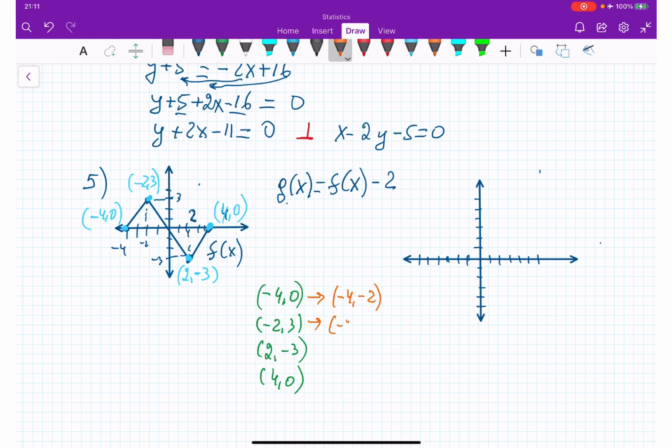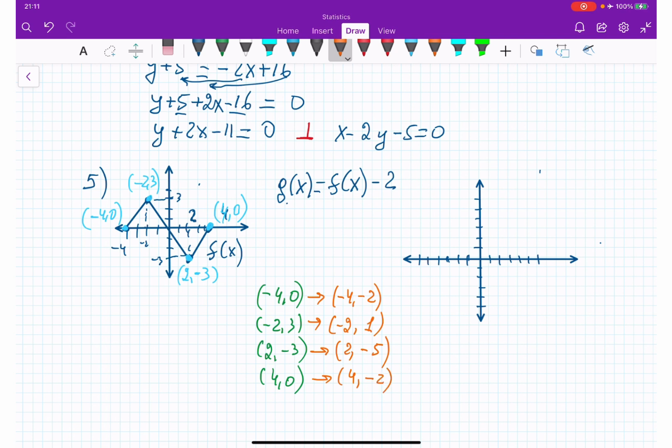So 3 minus 2, it's gonna be 1. And then 2 and negative 3, new coordinate, negative 3 minus 2, it's going to be negative 5, yes, and 4, 0 minus 2, it's going to be negative 2. We understand?